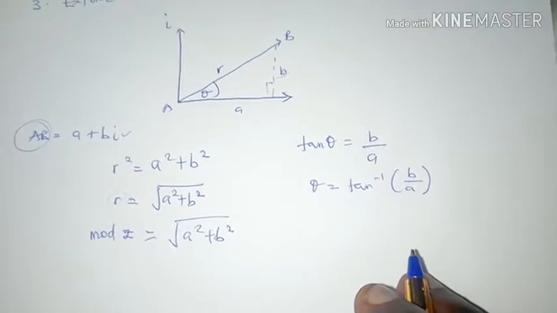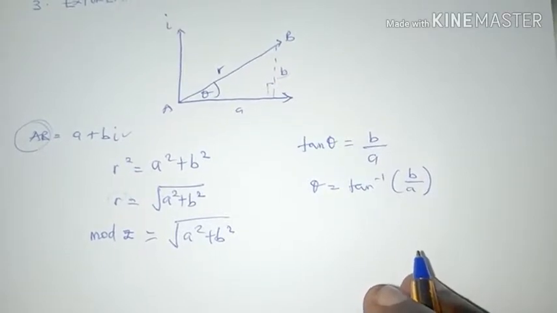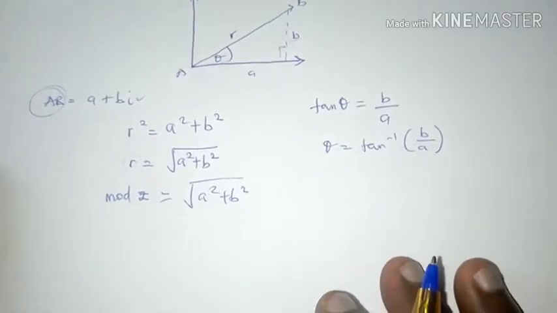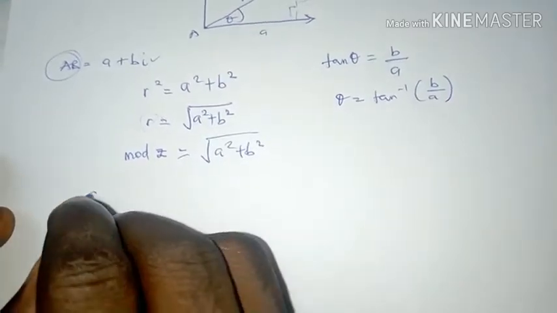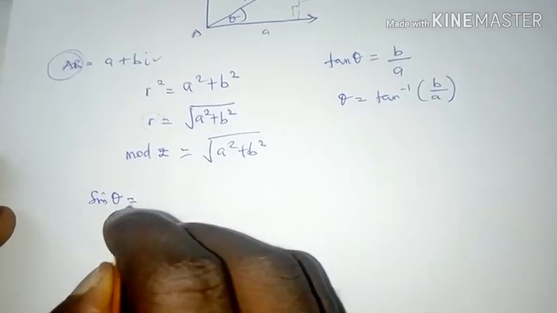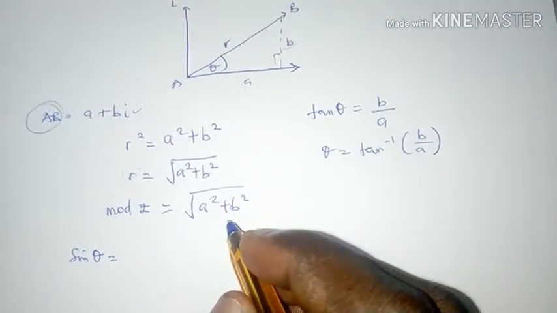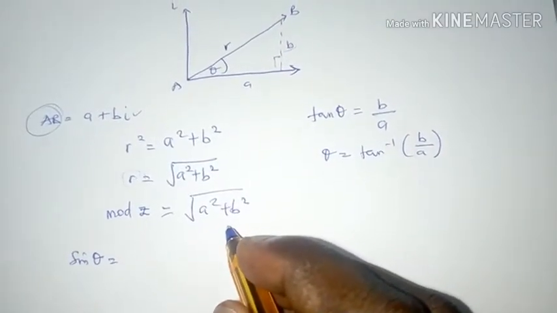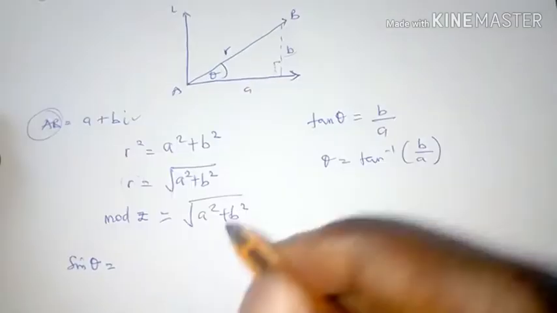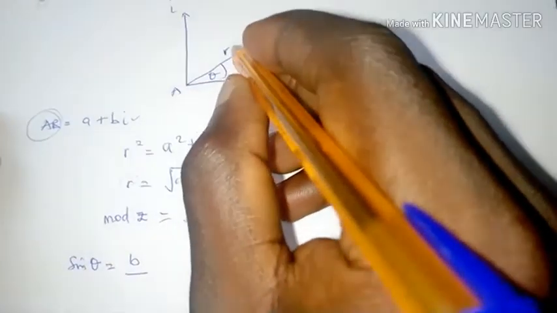Now let's find the sine and cos of the angle and see what happens. So sine of theta, sine, we know it to be the opposite over the hypotenuse. So in this case, our opposite is the b and our hypotenuse r.